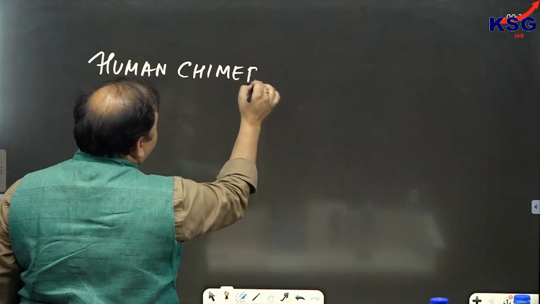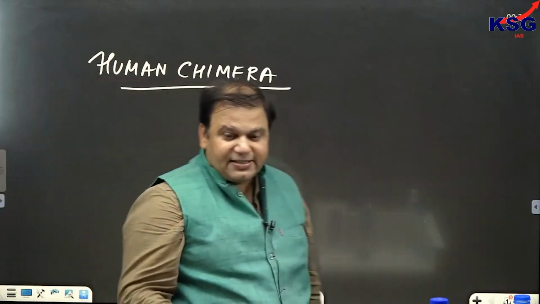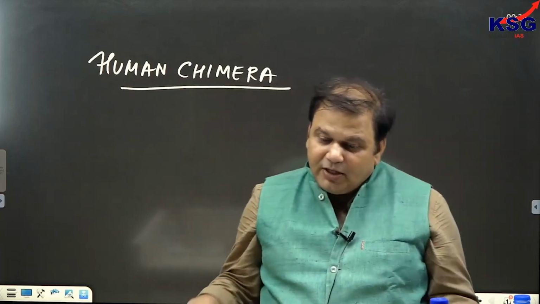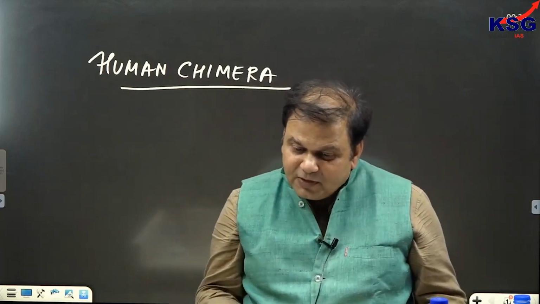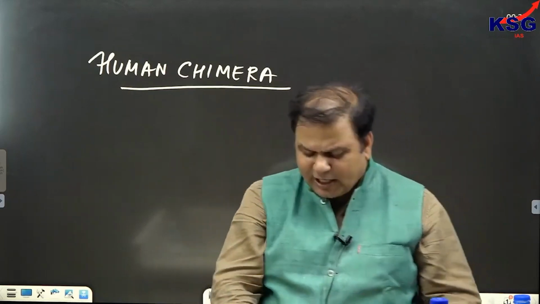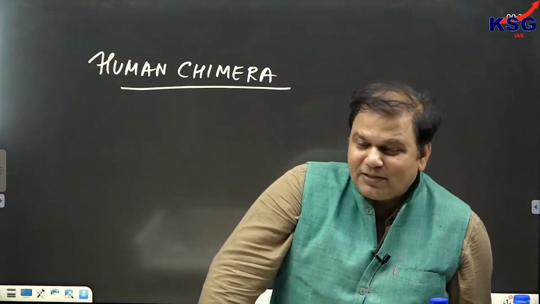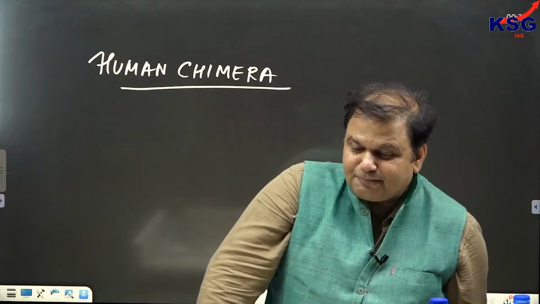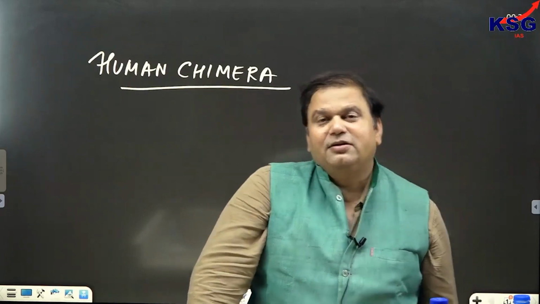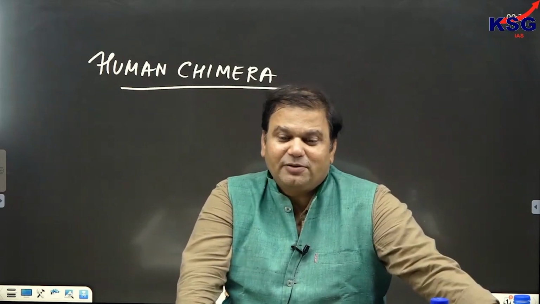Human chimera का मतलब है a person having more than one DNA fingerprint. एक ऐसे व्यक्ति जिसमें एक से ज़्यादा DNA फिंगरप्रिंट हो. तो UPSC में कई बार आपको पूछा है DNA fingerprinting, हो सकता है नहीं दे रहा है, लेकिन human chimera तो पूछना बनता है ना, because a person having more than one DNA fingerprint. Now let's see that how human chimera is possible. किस तरह से human chimera possible है?